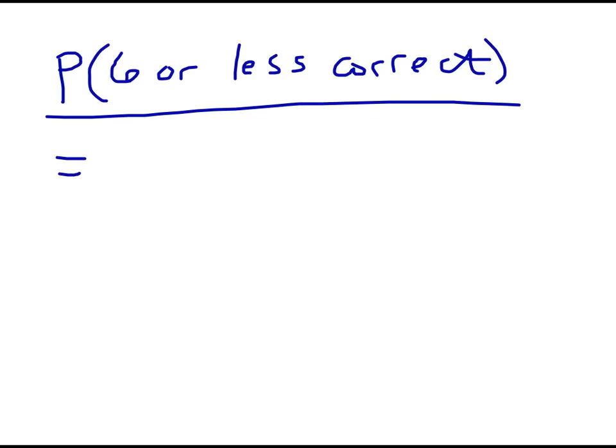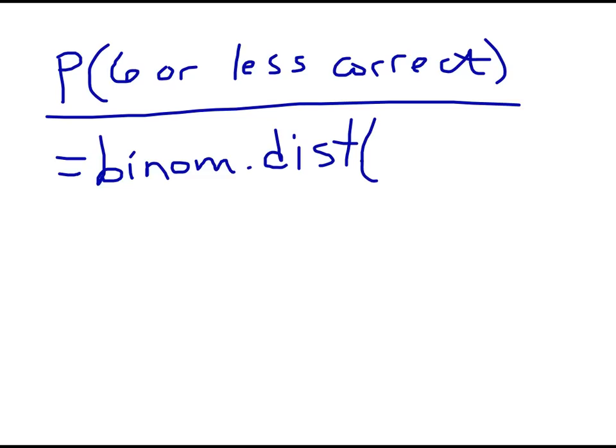The way we do this is, again, we use the binomial distribution. We want 6 or less, so we're going to do 6 out of 10 with a 0.5.